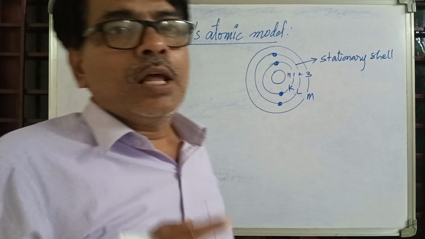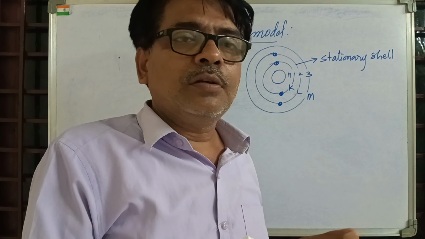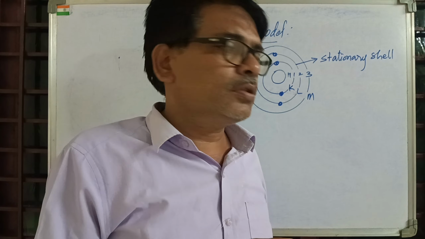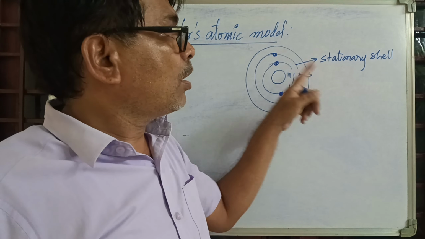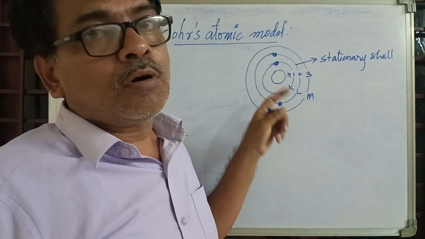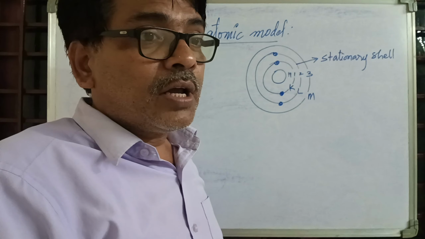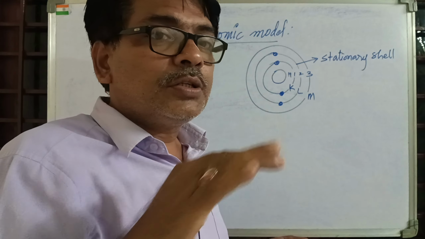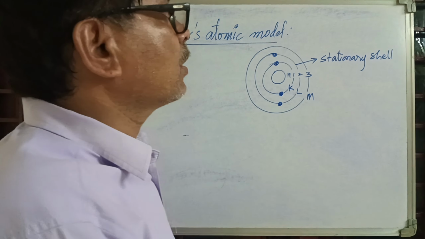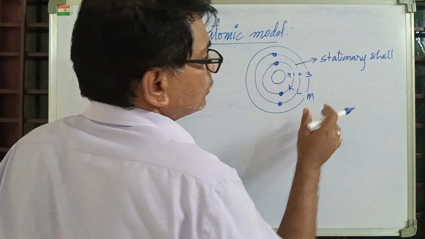Electrons are moving with high velocity in a definite path, called orbits or shells. As long as the electron remains in the same orbit, its energy remains constant. And these orbits or shells are called stationary orbits or stationary shells.